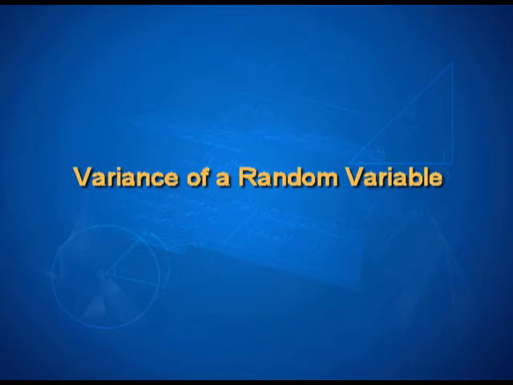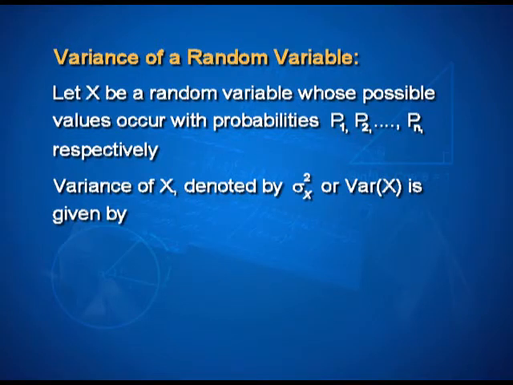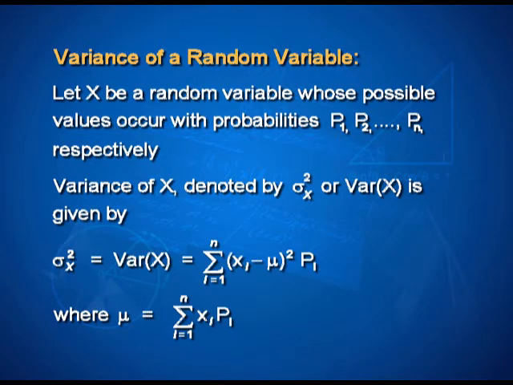Another quantity associated with this probability distribution is the variance of a random variable. Variance is nothing but the measure of dispersion, the spread of the random variable around the mean, and in this case it is given, as in any other situation, by the summation of the square of the deviation of each value of the random variable from the mean.